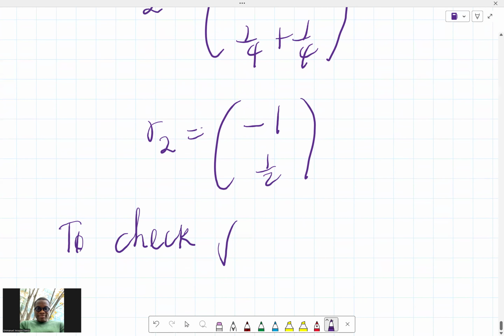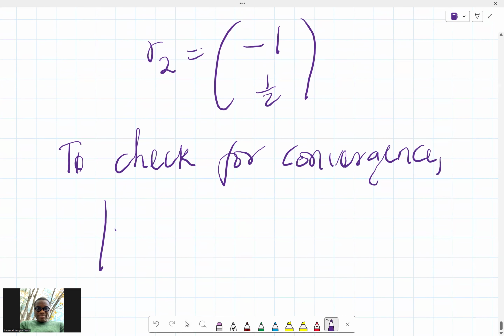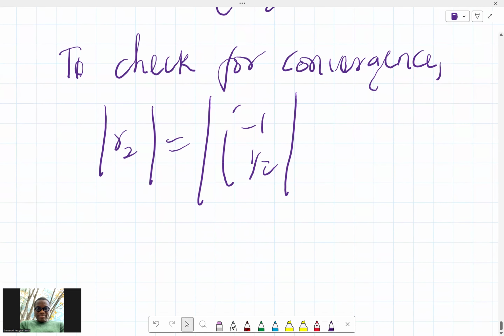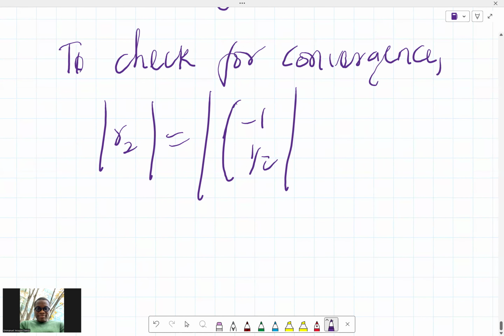So to check for convergence, we have to evaluate the absolute value of R2. So that's the absolute value of minus 1, 1 over 2. What is our absolute value of R2 again?